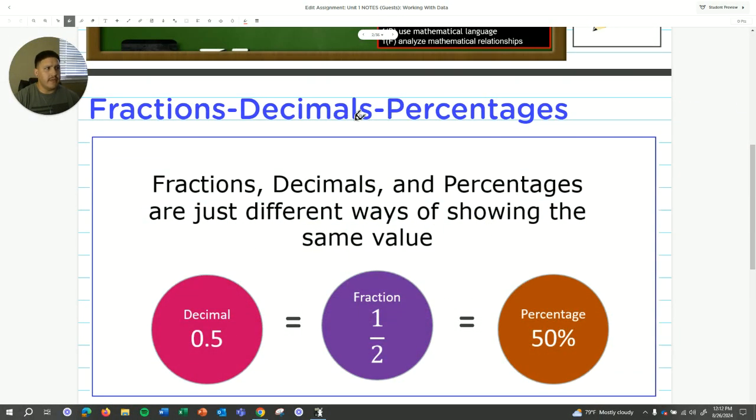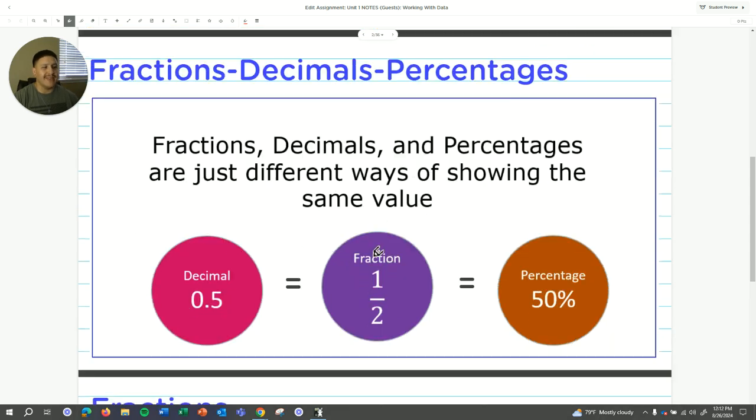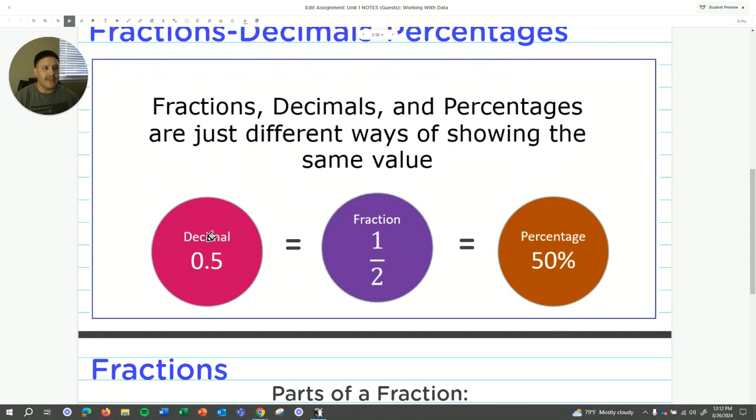Fractions, decimals, and percentages are just different ways of showing the same value. So the decimal 0.5 is the exact same value as the fraction 1 over 2, 1 divided by 2, which is the exact same value as the percentage 50%.